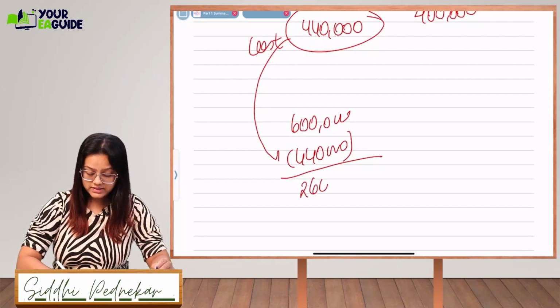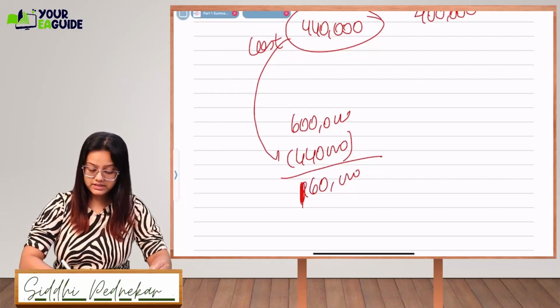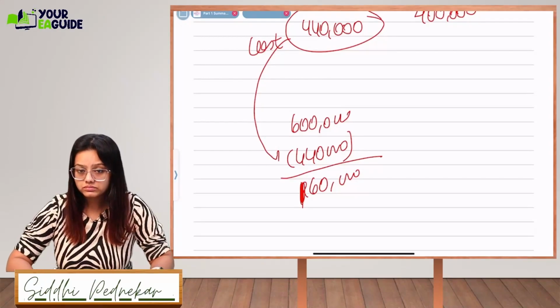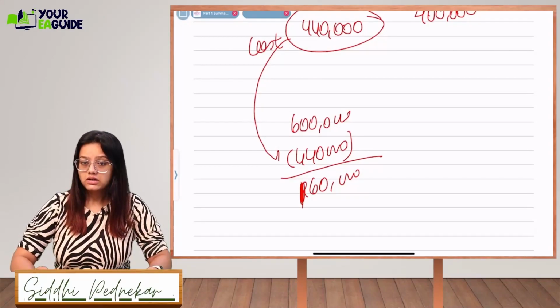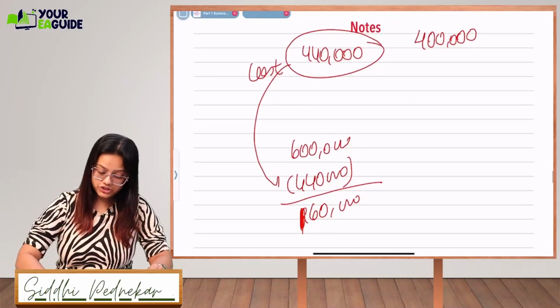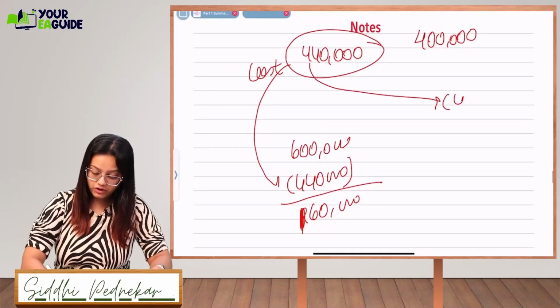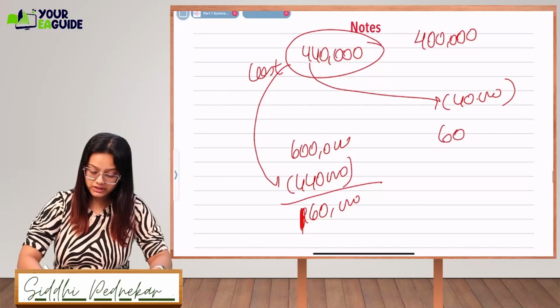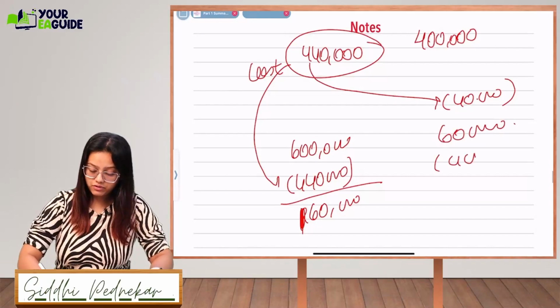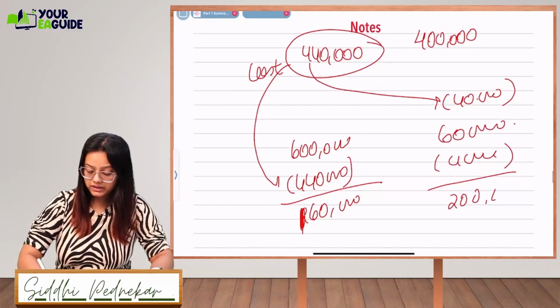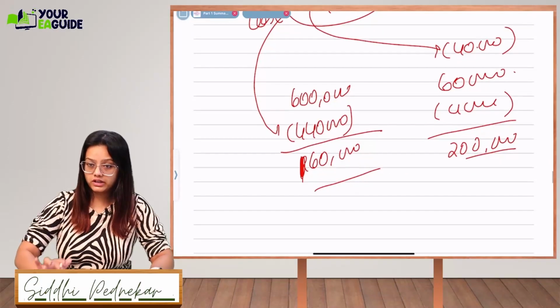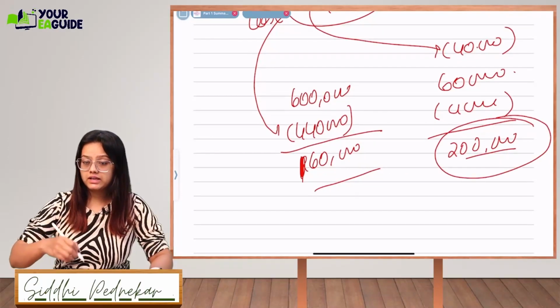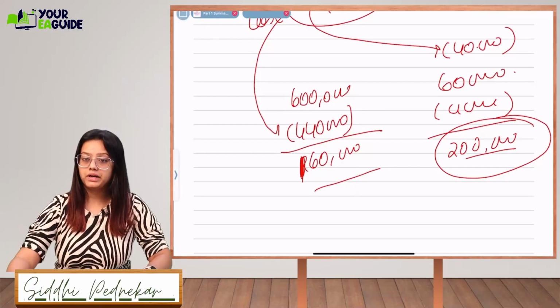So 1,60,000 is the gain which you are going to receive. Got it, guys? In this situation, if I reduce the 40,000 from here, the gain which I'll get is 2 lakhs.